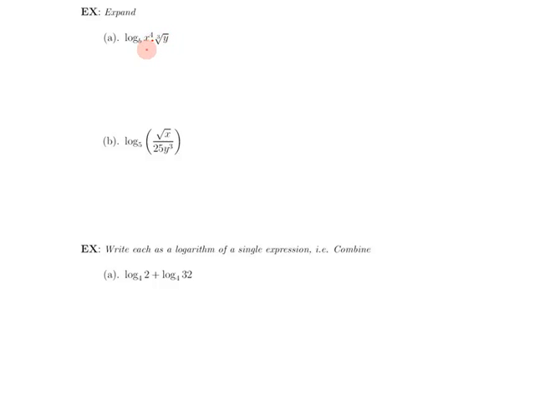So I can't apply the power rule yet, but I can apply the product rule because I have 2 expressions multiplied together. So the product rule says that this would be the same as log base b of the first object, x to the 4th, plus log base b of the cube root of y.